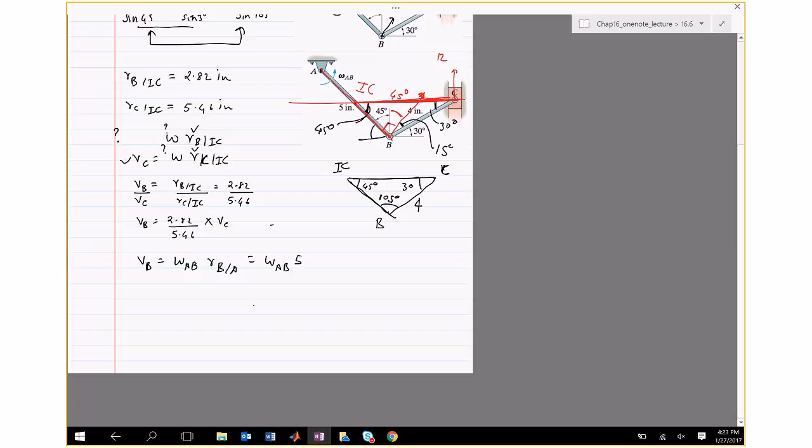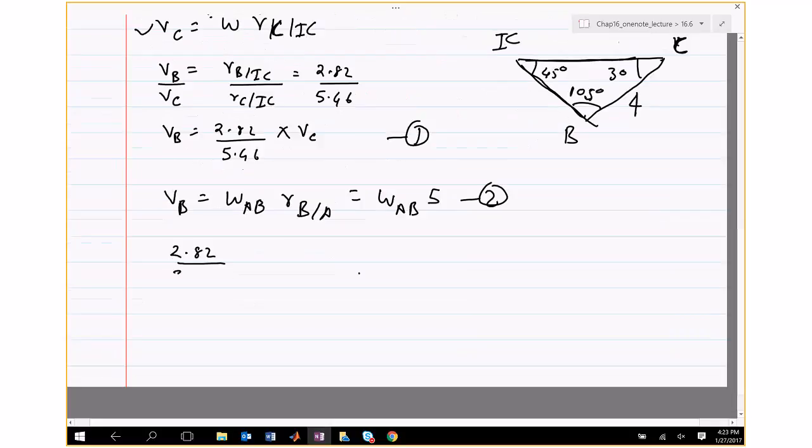So from 1 and 2, we can write 2.82 divided by 5.46 times VC is equal to omega AB times 5, but VC is given to us as 12.